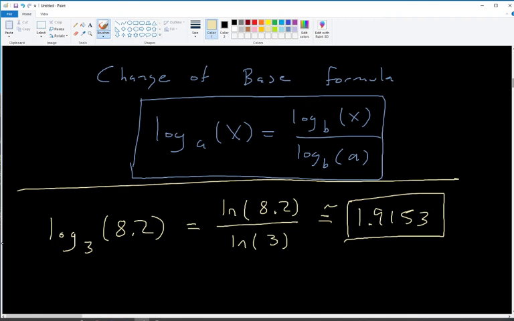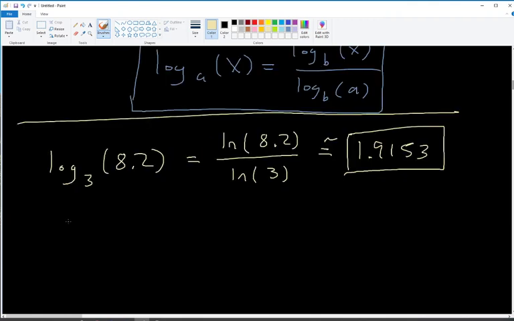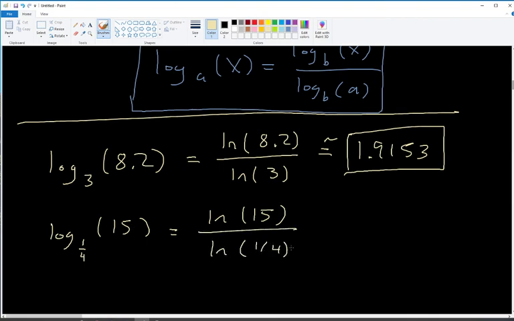So maybe another one of these. If say you want to do log base 1/4 of 15. Again, a fourth to what power is 15? There's not really a nice way to do it. I don't have a log base 1/4 button on my calculator. So it's natural log of the top of the parenthesis part, 15, divided by natural log of the old base, 1/4.